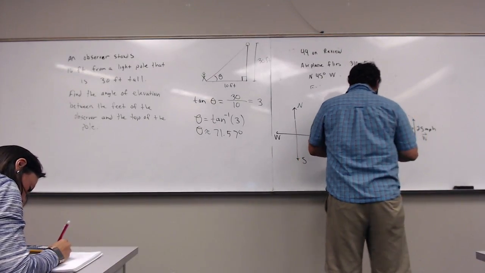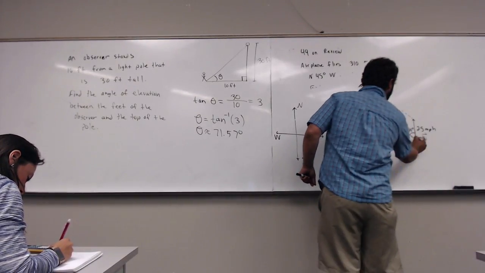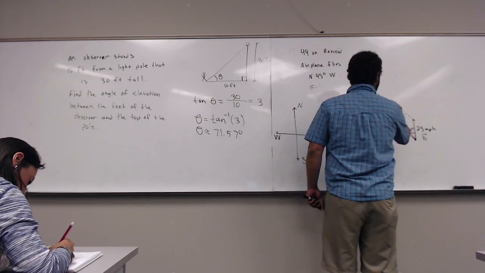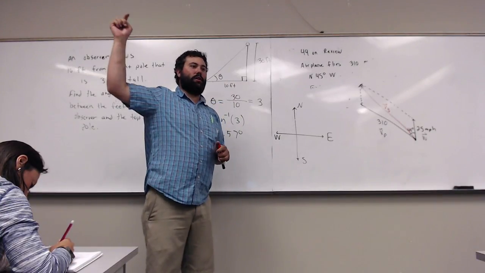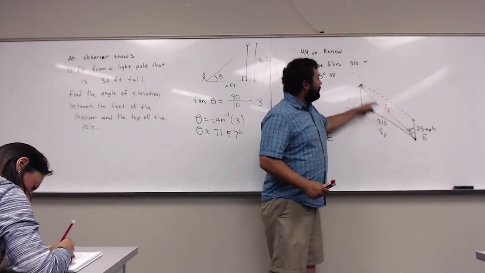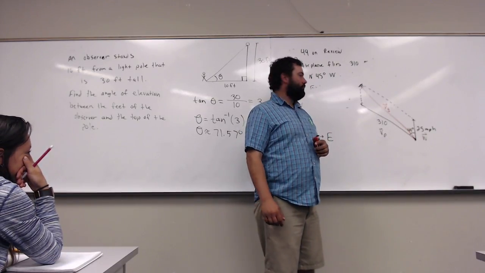And the resulting vector that's going to give you the speed and the direction is going to be from the tails to the joining of the heads. I'm going to call this VG because they wanted the speed and direction relative to the ground. So that's the direction the plane's actually going to be heading because the wind is acting on it.